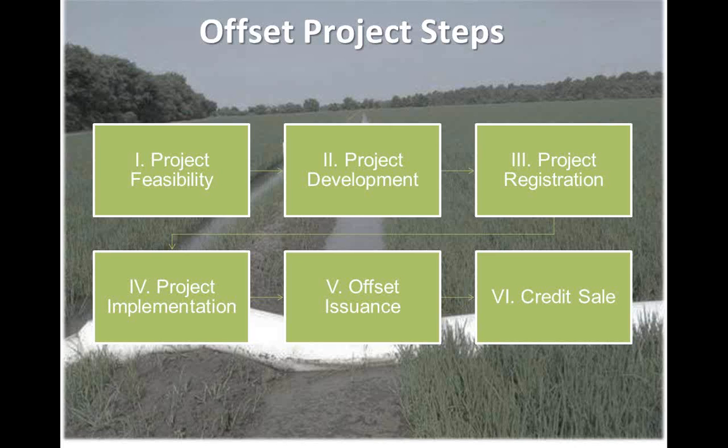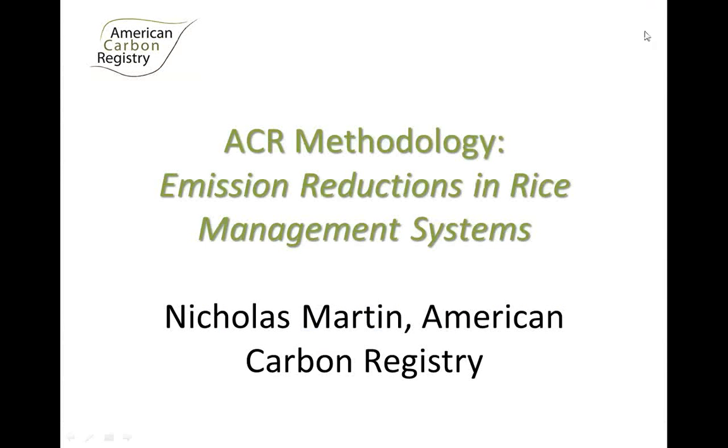Most of that is putting the project through the review process of the registry body or the regulatory body. Then you get the offsets, and then you can sell them. So with that, I'm going to turn it over to people that are far more knowledgeable than I am on the details of the protocol, the model, and the actual generating of credits.